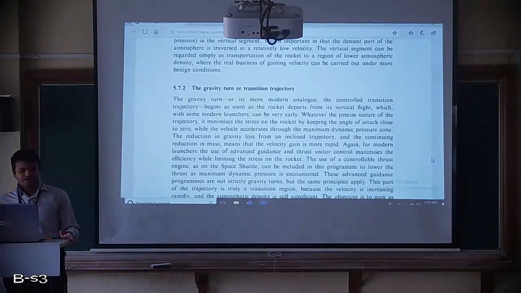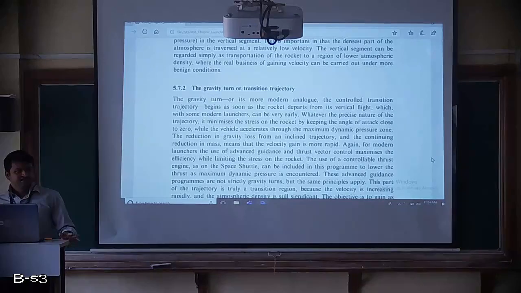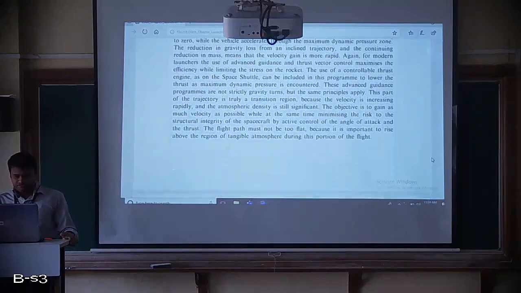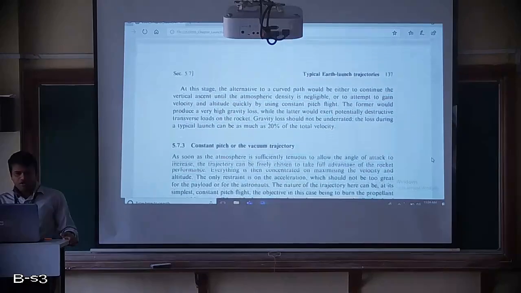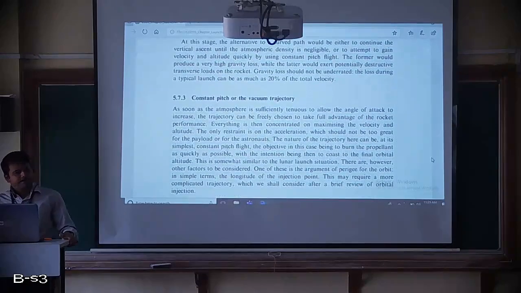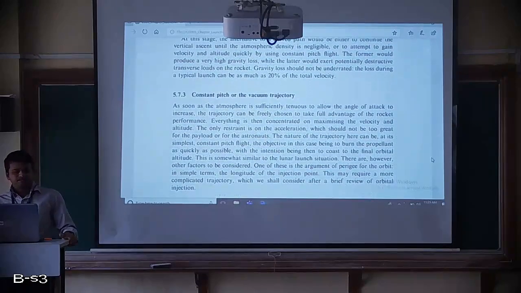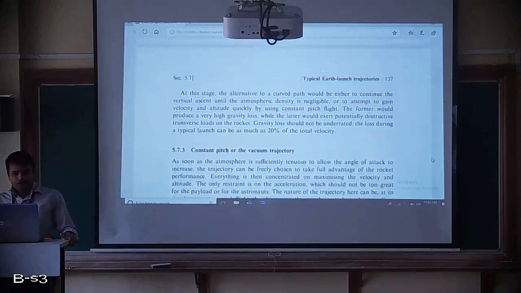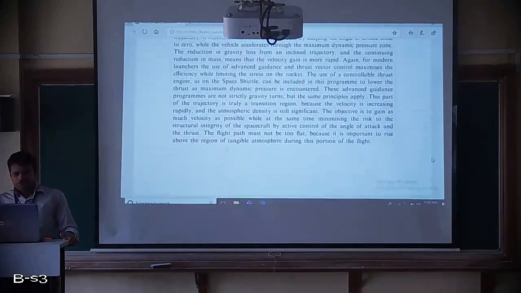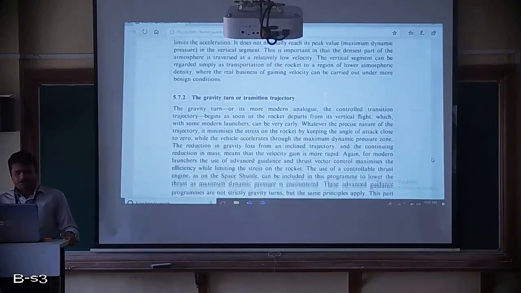That is nothing but the gravity turn, or transition, happening in the trajectory. And the third one is the constant pitch or vacuum trajectory. All these three I have mentioned before, so now we will see them one by one.